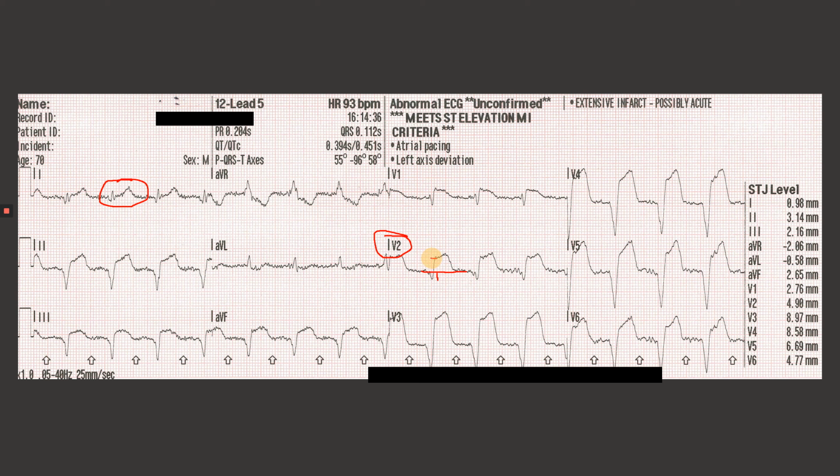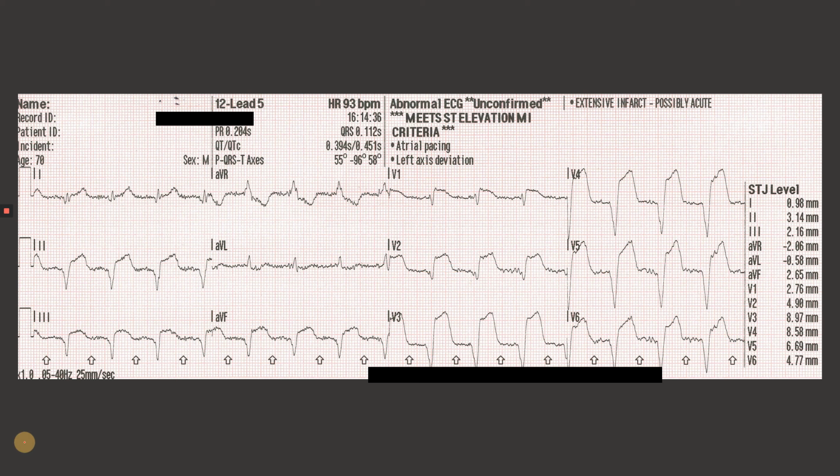The J point elevation right here is like 1, 2, 3, 4, 5 millimeters. So clearly this one meets this proportionality criteria. You'll see that in any one of these leads, really. Even without counting, it's probably well over a quarter of the height of this QRS right here. So this would register as a STEMI.